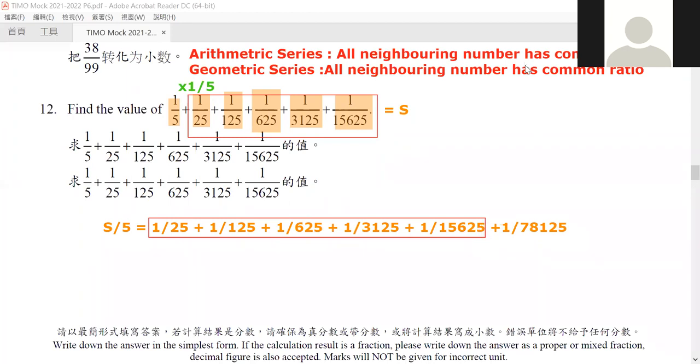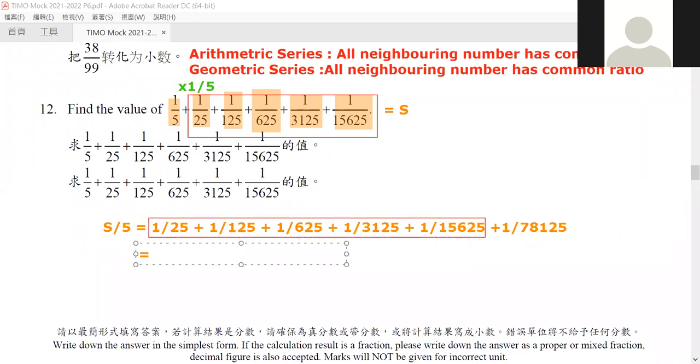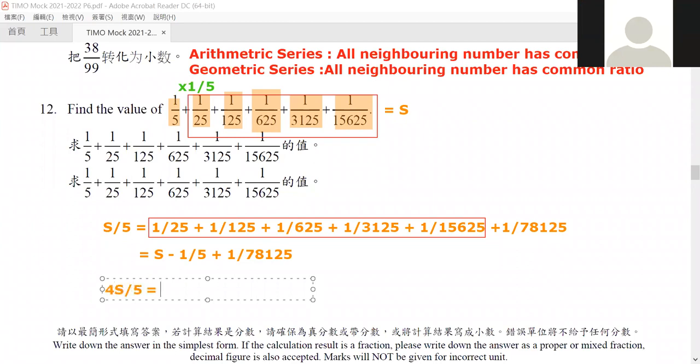So we can rewrite the sum as the following: it will be equal to S minus 1/5, but plus the final term 1/78125. By rearranging and subtracting S from both sides, we get 4S/5 equals 1/5 minus 1/78125.